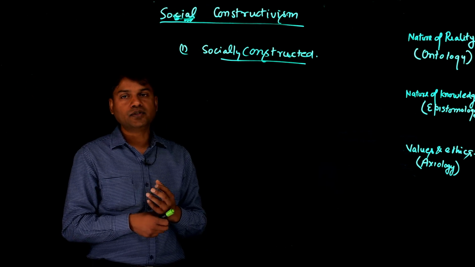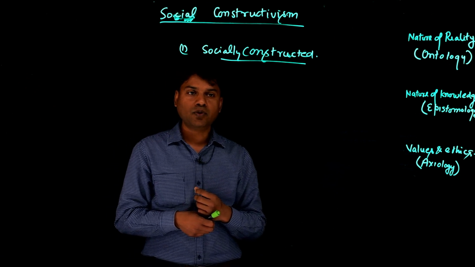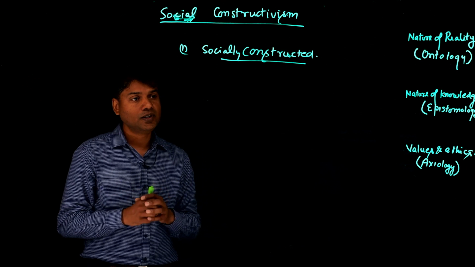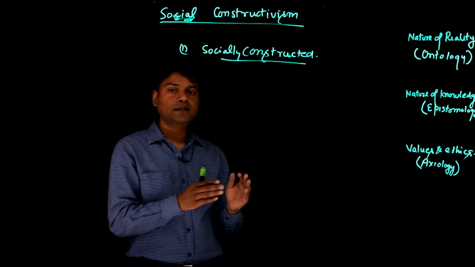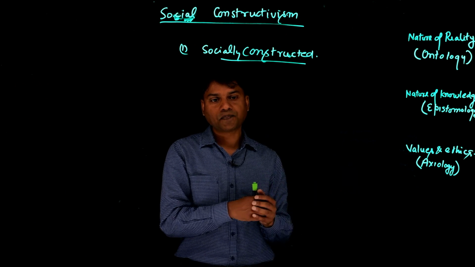Since reality is socially constructed, it is subjective. One child's experience of being in a high school is not going to be exactly the same as another child's, if I ask the same question to another child.